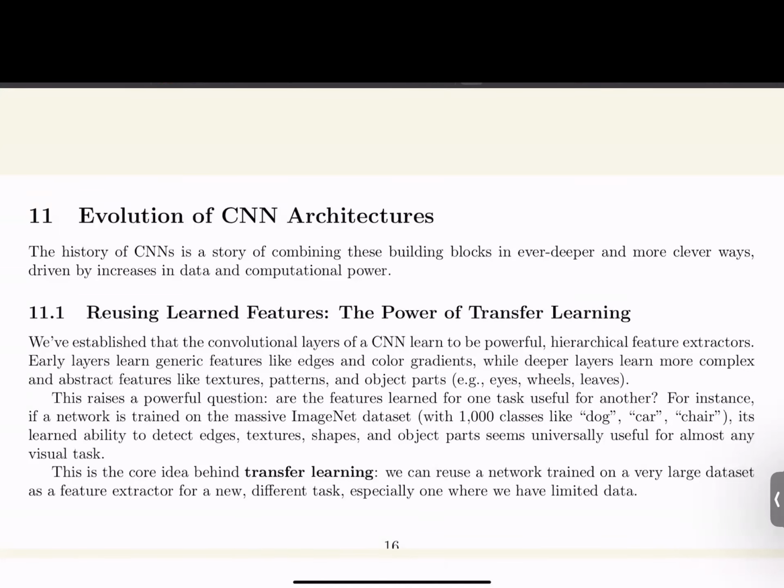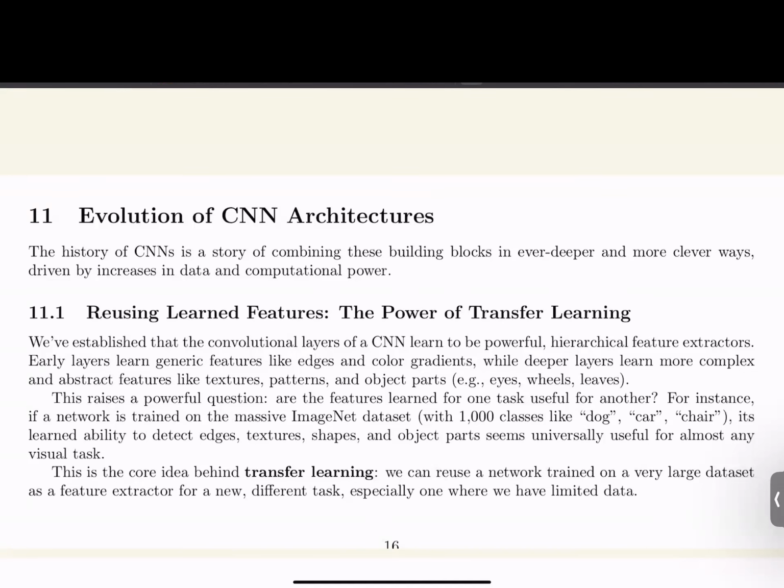So you may ask yourself, well, can I use these features that I learned from some other network in my own network without training those early layers for the task that I'm interested in?